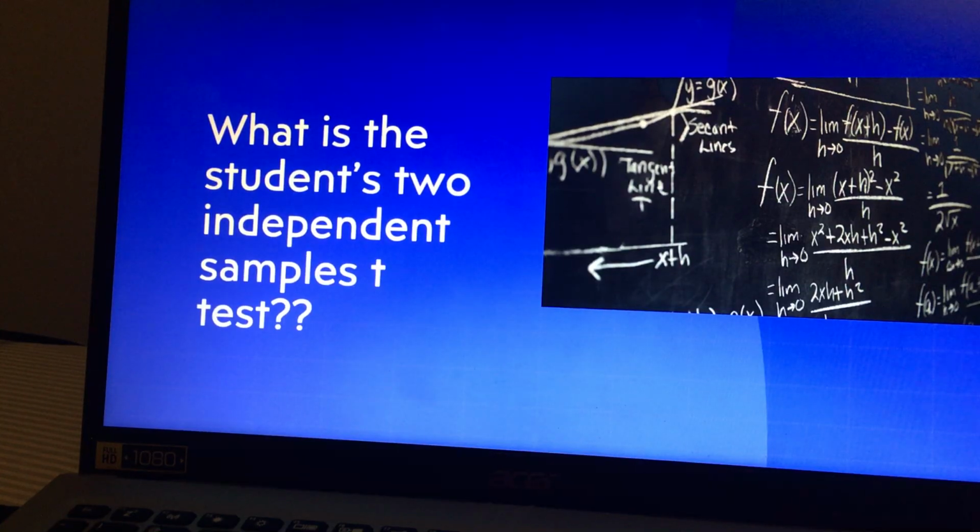So assume for this moment that you want to run a two-sided test, and the goal is to determine whether two independent samples of data are drawn from populations with the same mean, which would be your null hypothesis, or if they are drawn from different means, that would be your alternative hypothesis.